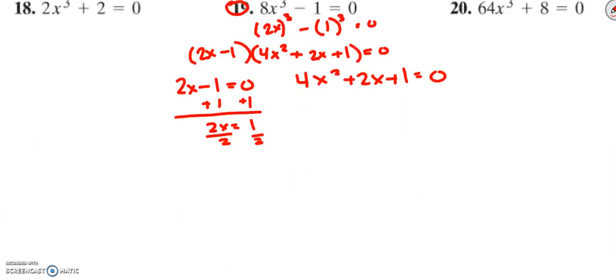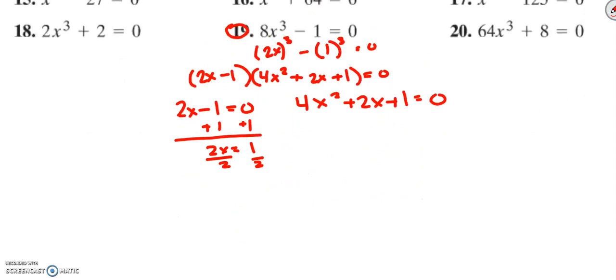I'm going to scroll there to get more room. And now for the second one, we need to use the quadratic formula. This 4 is a, the b is going to be 2, and the c is going to be 1.